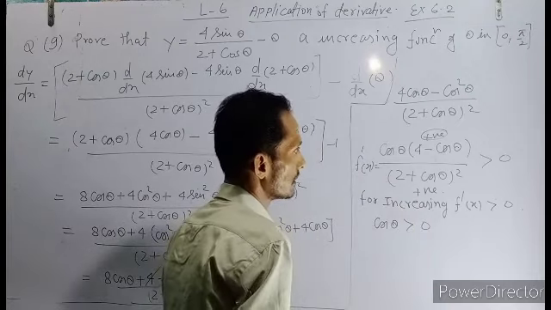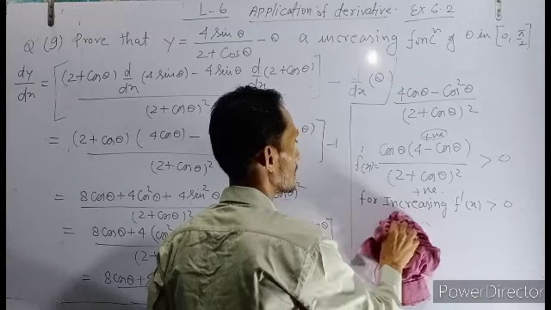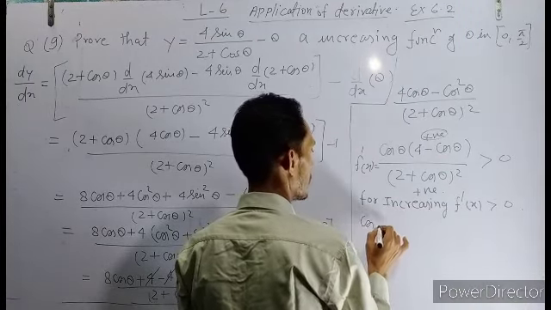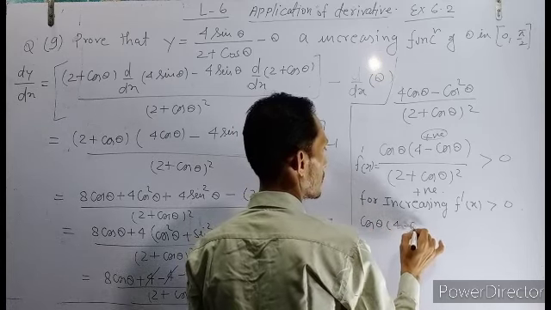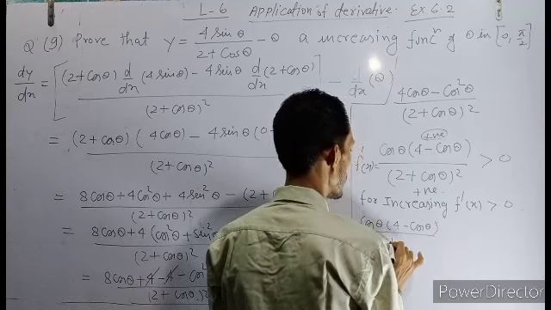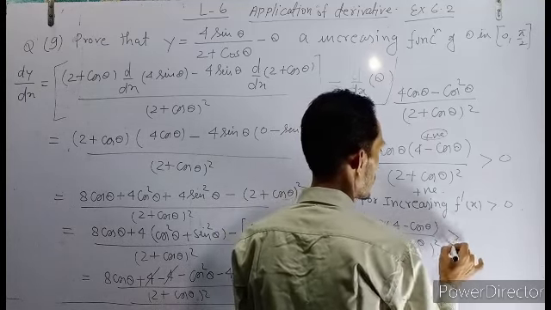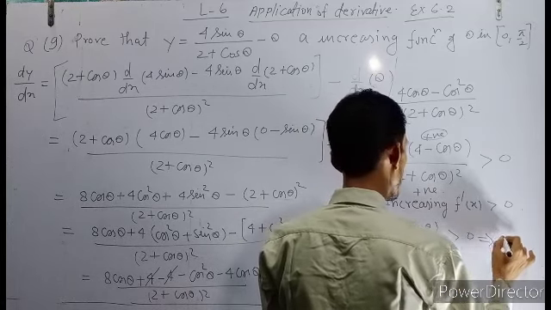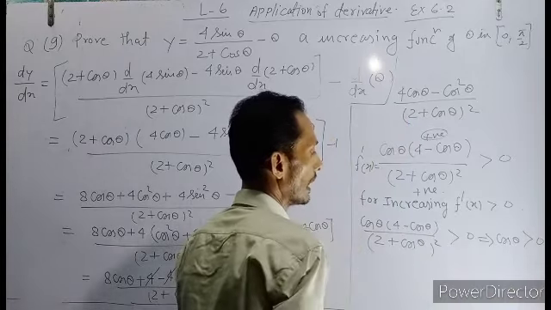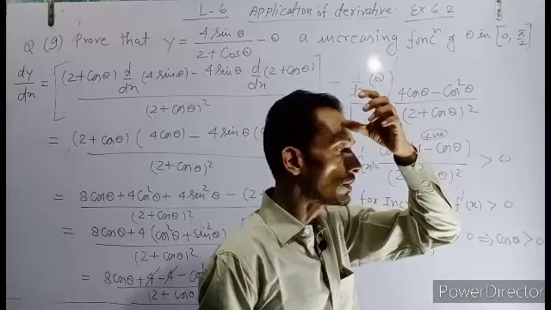Okay. So another way you can say here also, cos theta into 4 minus cos theta upon 2 plus cos theta whole square greater than 0 implies that cos theta greater than 0. Okay, and cos theta is positive in the first quadrant.